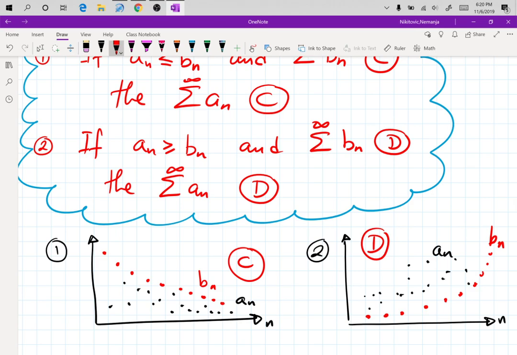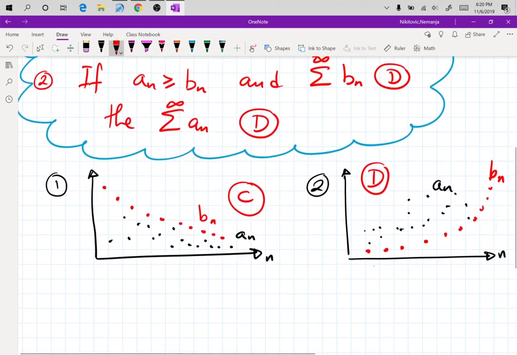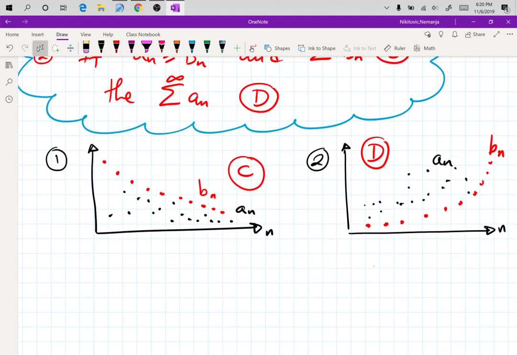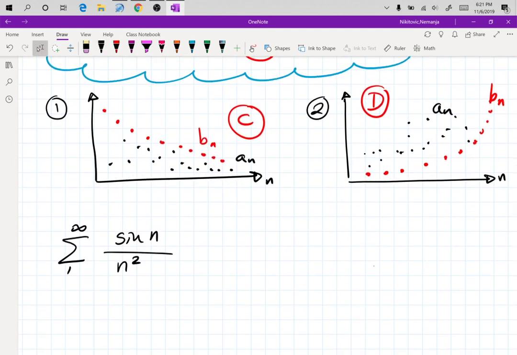Now the problems look a little bit weird, but we should make it. Let's first see this. Summation of sine n divided by n squared, let's say from 1 to infinity. You can start at 30 if you want, I don't care. You can't start at 0 because of n squared, right? So what should we do here?